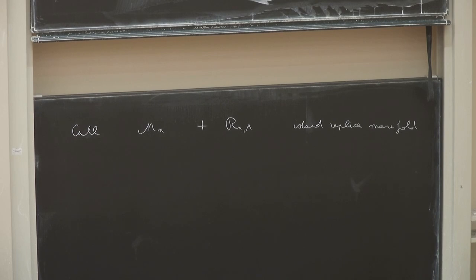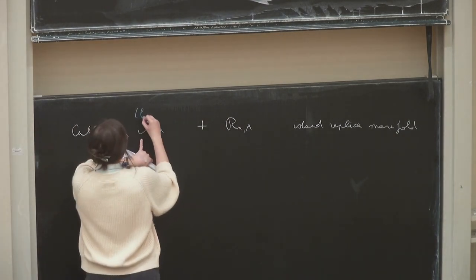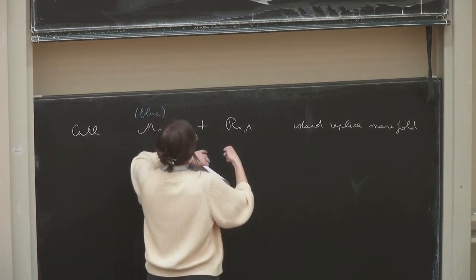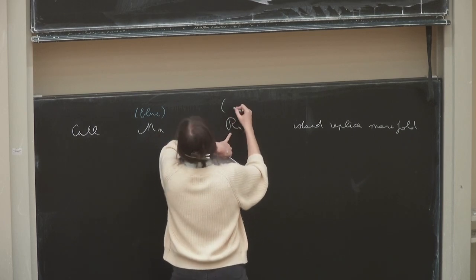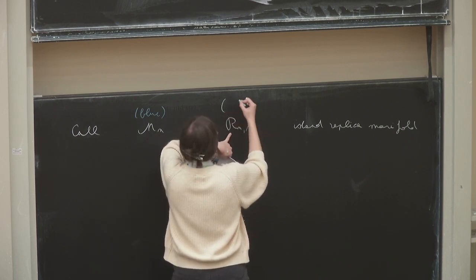And so it consists of this gravitational notation here for the gravitational region and the non-gravitational notation here for the non-gravitational region.